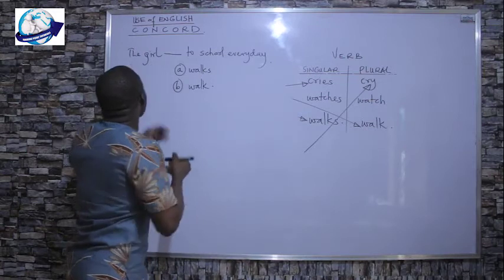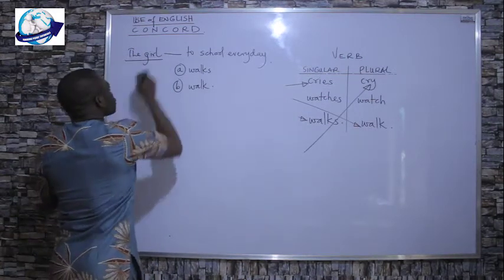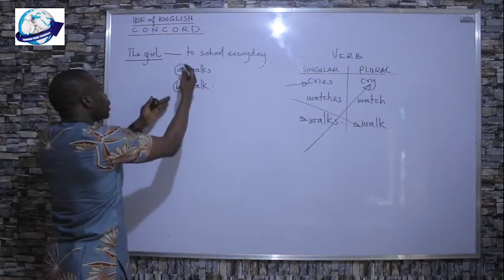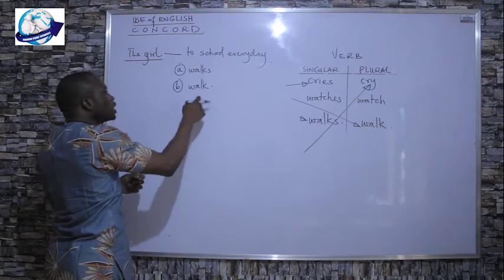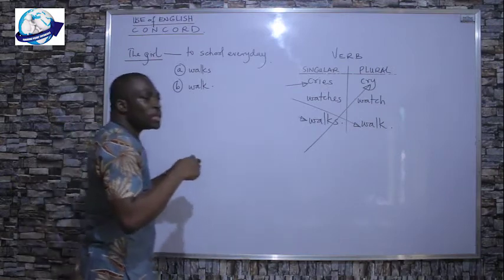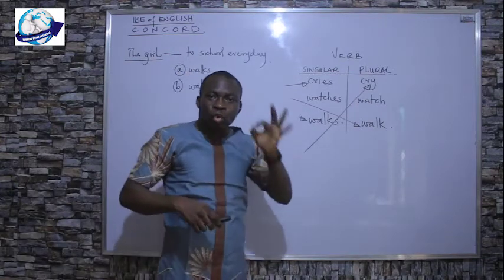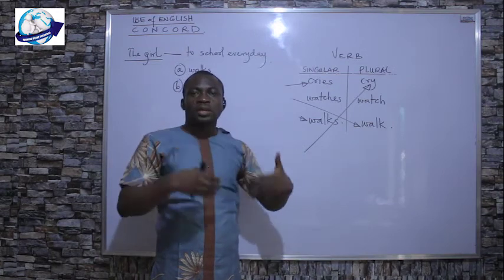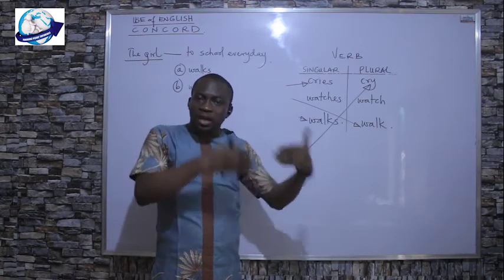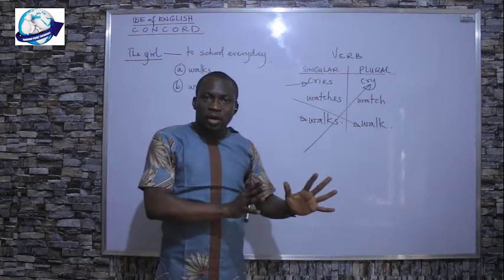The girl. This is the subject. These are the two options. You cannot take walk to school, because walk is a verb, and when a verb has no S, it is plural. But when a verb has S, it is singular.